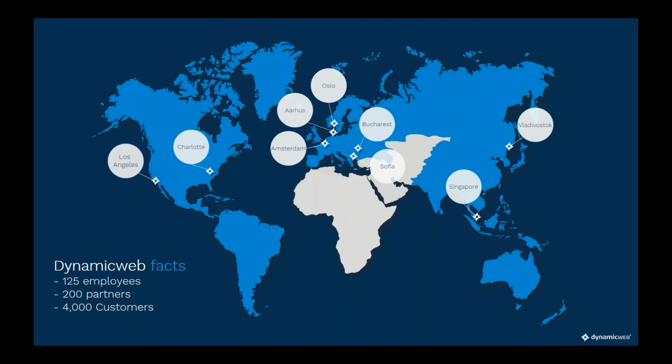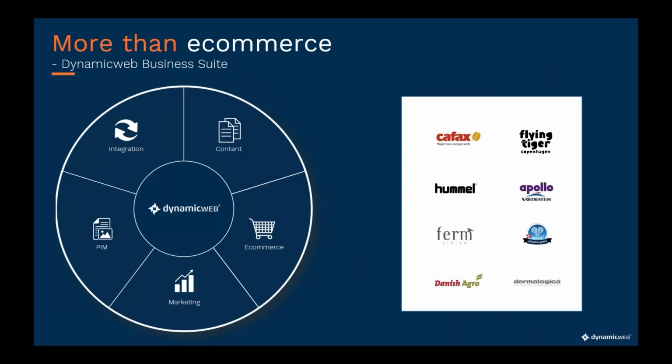Since this webinar is hosted by Dynamic Web, I'll give you a brief introduction to who we are as a company. We are a Danish-based, international-focused software company with around 125 employees. We work with partners and have customers around basically all of the globe, in total around 4,000 customers. What we do is make it easy to do e-commerce. We have bundled commerce and content management, product information, and marketing tools in one platform that is easy to integrate to back office systems like ERP. We have very strong connectors for the Microsoft ERPs, so that's what defines our market.